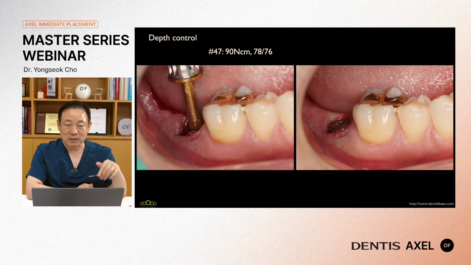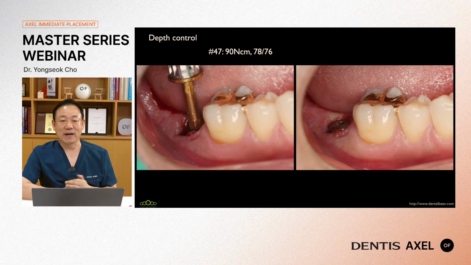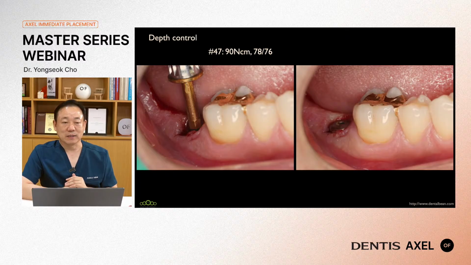The torque was increased further to 90 Newton centimeter. Although it is relatively higher insertion torque, I don't worry about pressure necrosis. There is terminology about pressure necrosis, so many companies recommend controlling the insertion torque under 40 or 50 Newton centimeter.